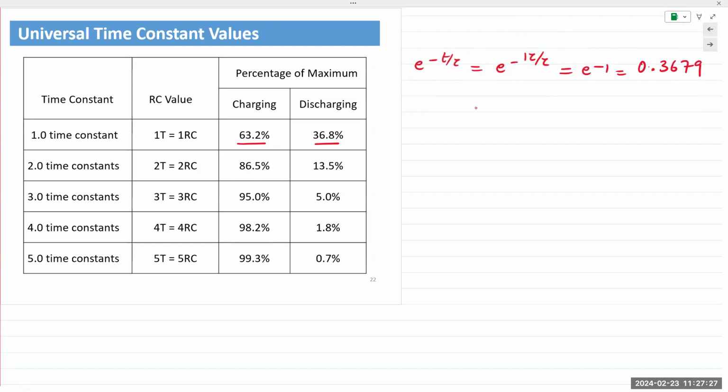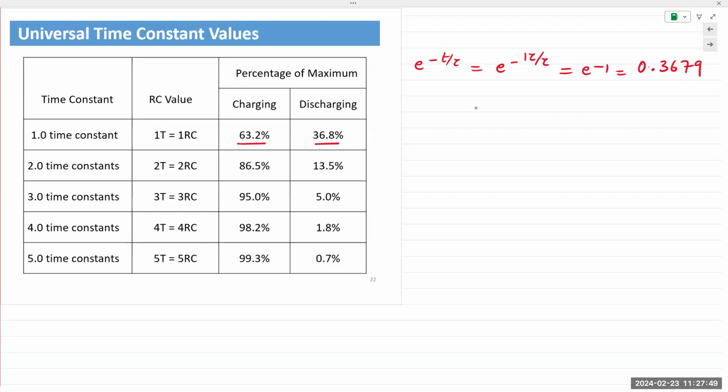0.3679. Okay, 36.79%. What it means is, if a component is discharging, it loses 63.21% after the first time constant.